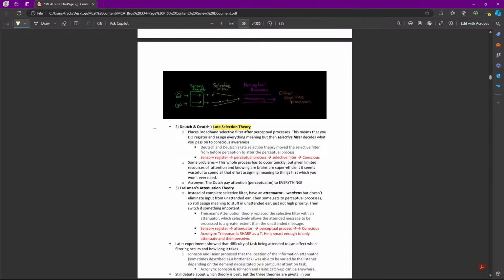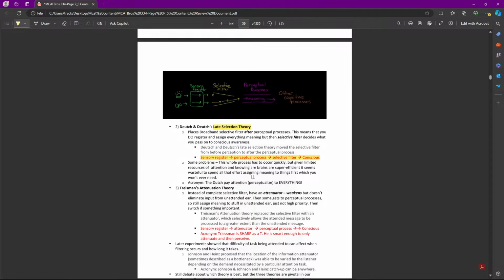So sensory register, perceptual process, selective filter, conscious. Basically, the only thing different from the early theory is that it's after the perceptual process. We're going to process everything, but we're going to select what we respond to.